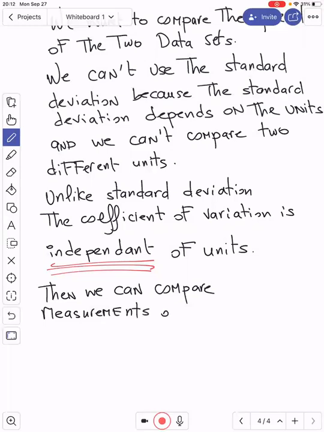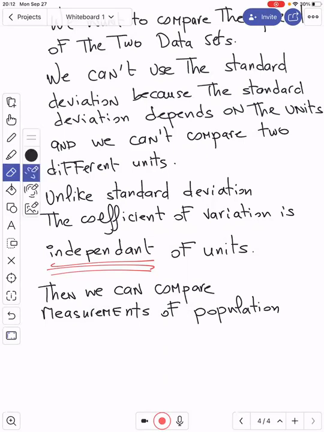All right, guys, I'm going to give you the formula for this coefficient of variation. Actually, we use the standard deviation in it. It's for measurements of different populations, of course.